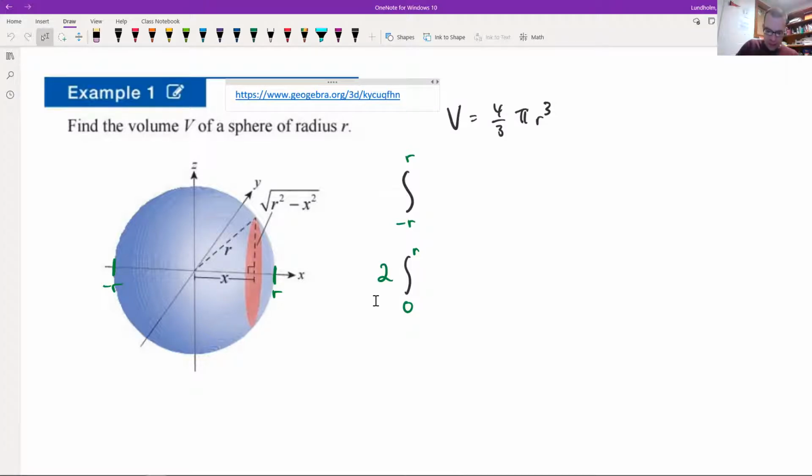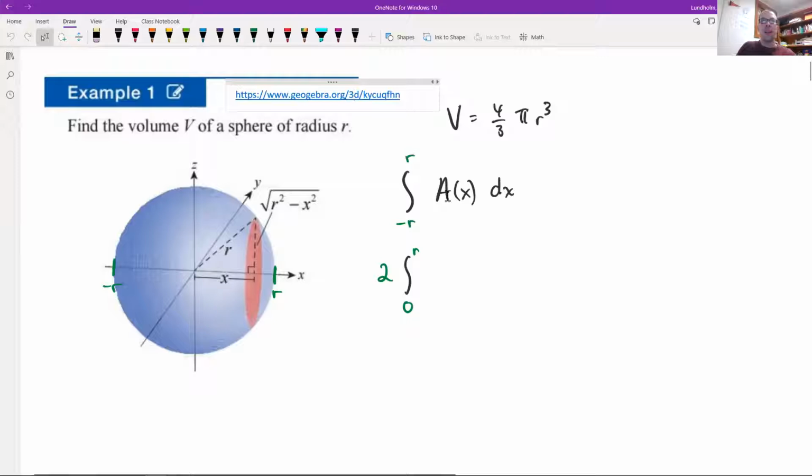But what we need is an area function in terms of x, and then we're gonna have the dx there, which is like the thickness of the cross section, if you want to think about it that way. This is gonna give us the area, dx is like thickness.